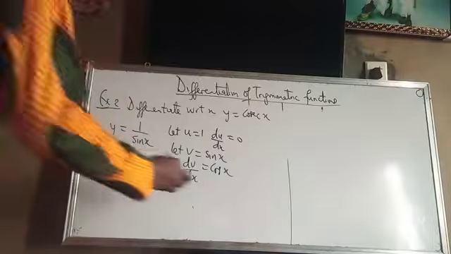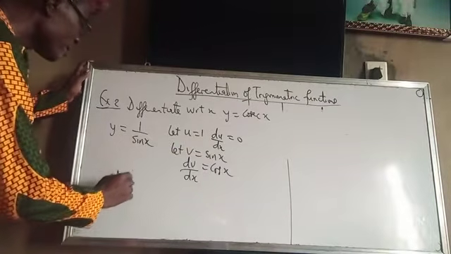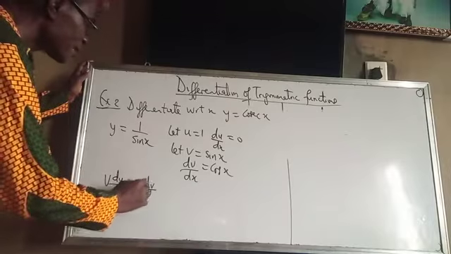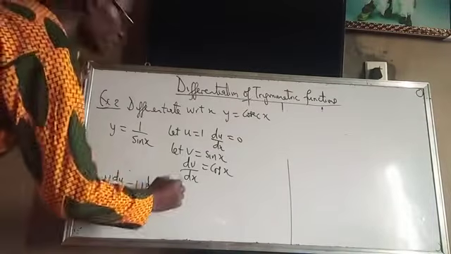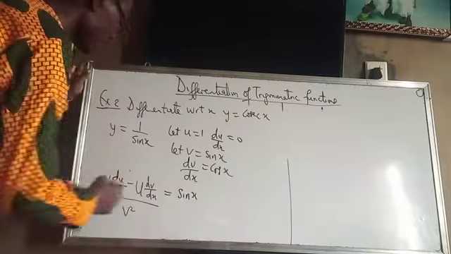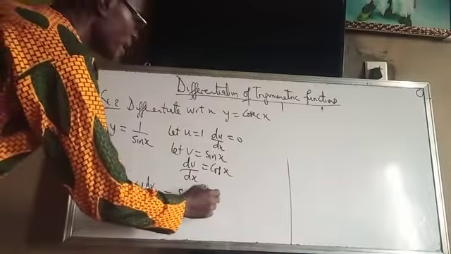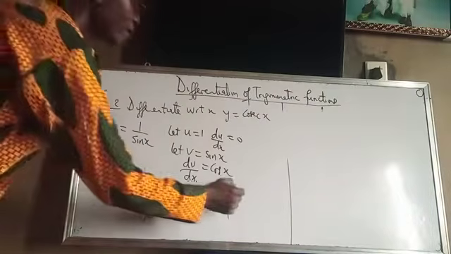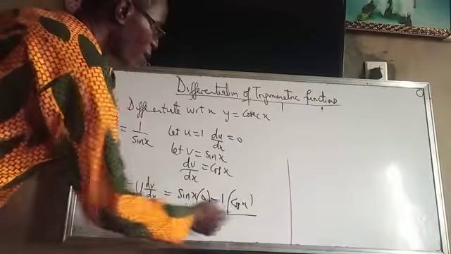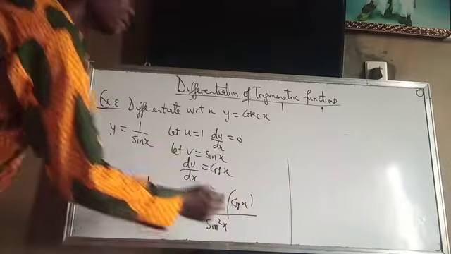So using our quotient rule, v du/dx minus u dv/dx all over v squared will now be what? Our v is sine x multiplied by du/dx, which is 0, then minus our u, 1, multiplied by dv/dx, cos x, all over v squared, sine square x.